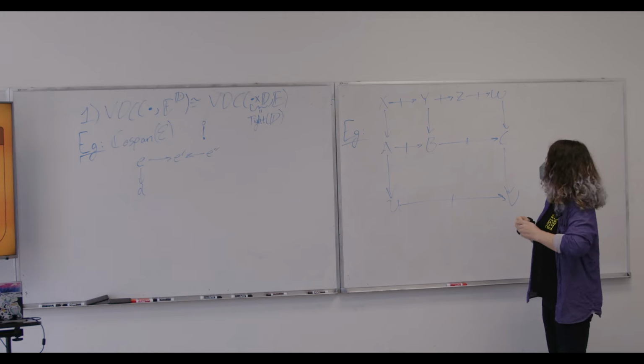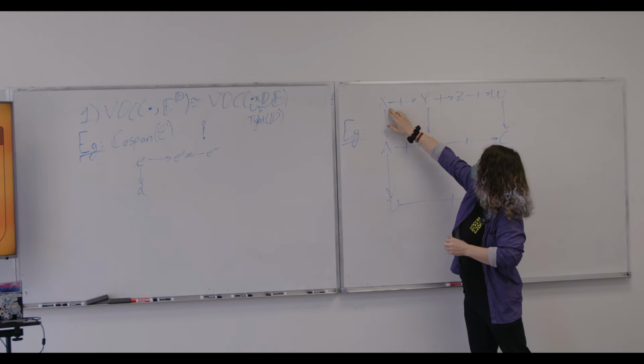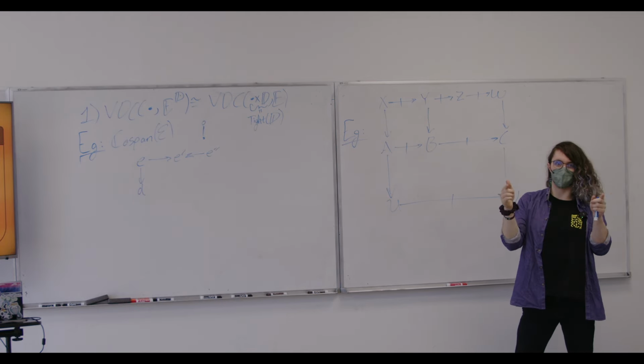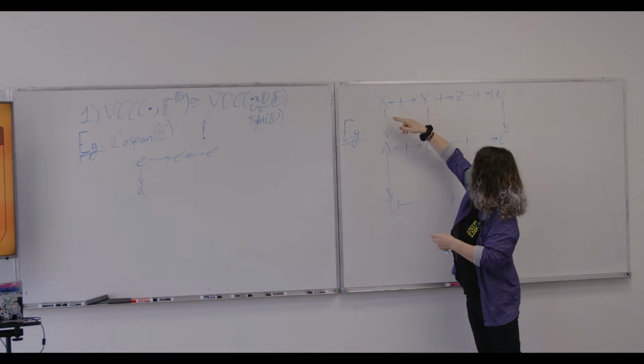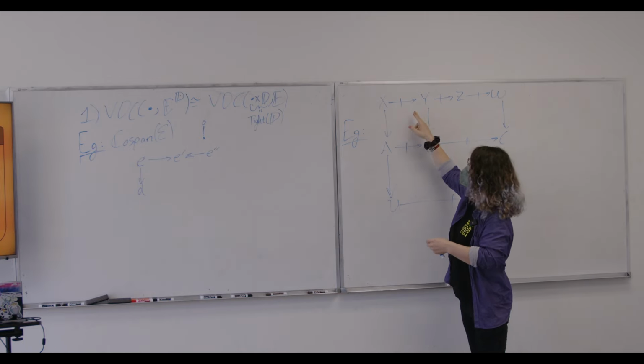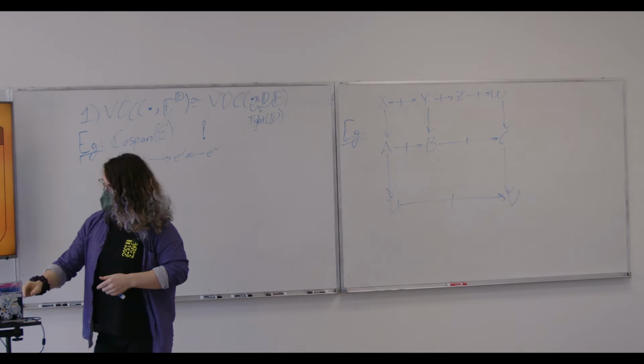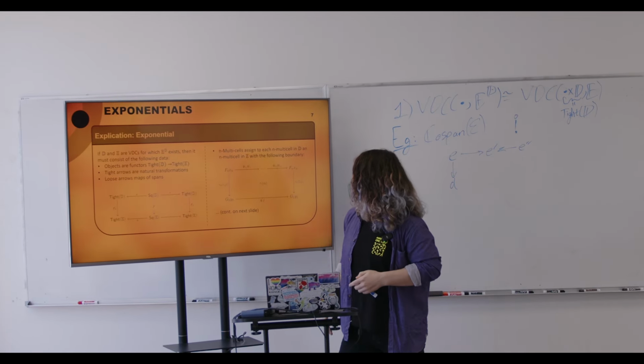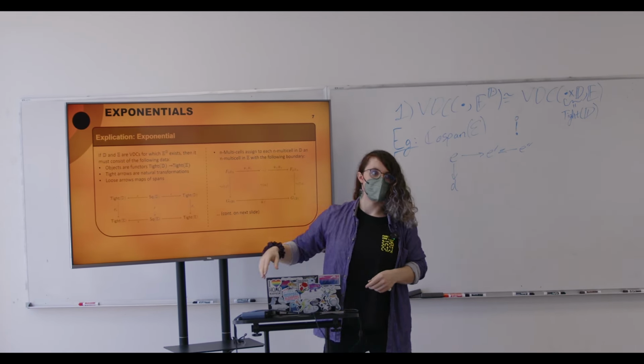So in this context, these nodes are those functors between the tight categories. The vertical arrows are those natural transformations. The loose arrows are those maps of spans that we had.